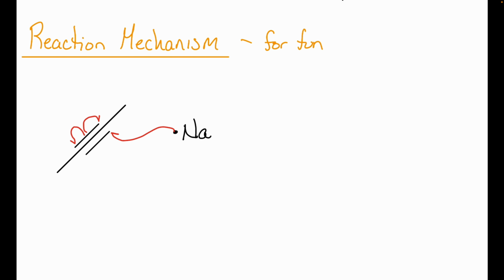All right, and what you'll notice that's different about these electron pushing arrows here is these are these fishhook arrows. Not a double-headed arrow, but a single-headed arrow here. We use them to show the movement of 1 electron.